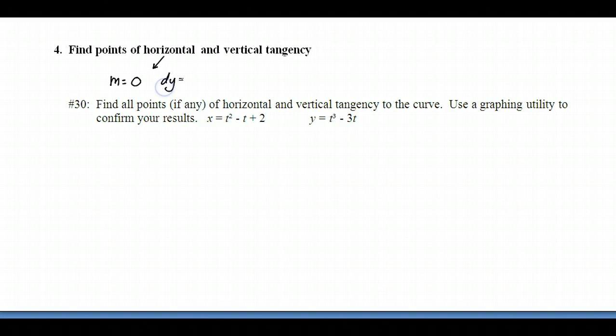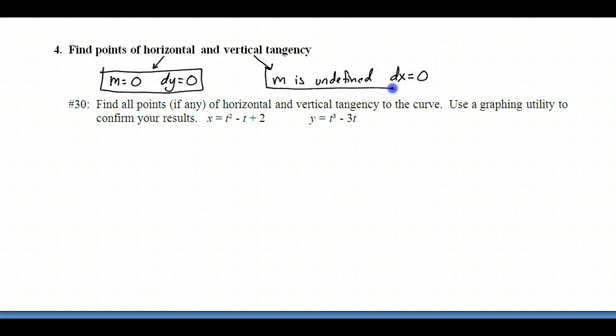Our numerator is our change in y, so that has to equal 0. So if you have a horizontal tangent, that needs to happen. If you have a vertical tangent, you know that your slope is undefined. Well, if your slope is undefined, that means that in your fraction, your denominator has to equal 0. So that means your change in x, that's in our denominator, that better be 0.